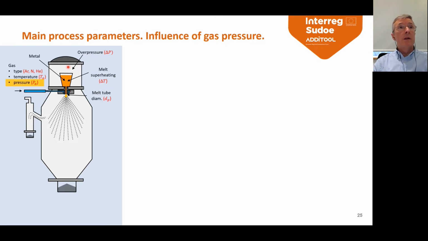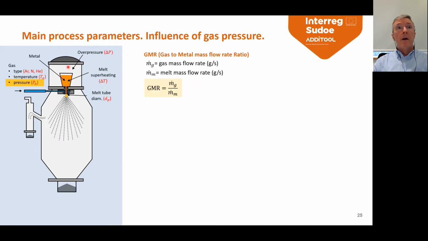Now, let's look at how the atomization pressure influences the production of powder. First, we define GMR, which is a very, very important variable in gas atomization, which is the gas to melt mass flow ratio. It's the flow of gas divided by the flow of metal.